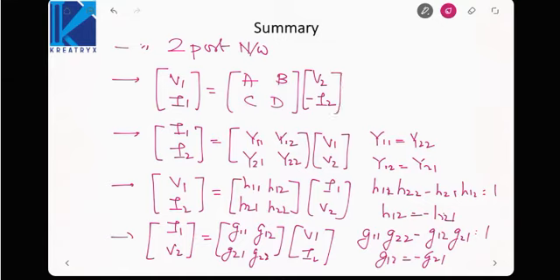The condition for symmetry was A equal to D. For reciprocity, AD minus BC equal to 1. So these are the parameters defined for the two-port network. In the next lecture, we will look at some problems based on these parameters.